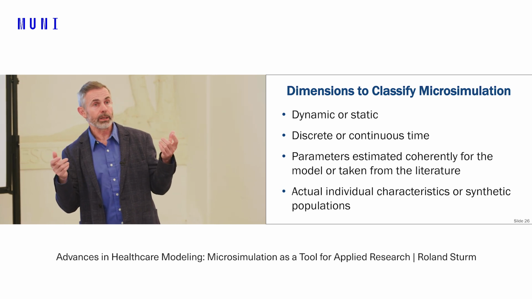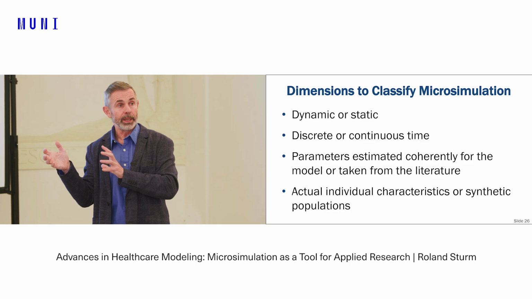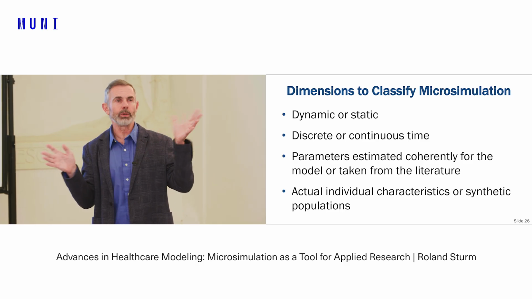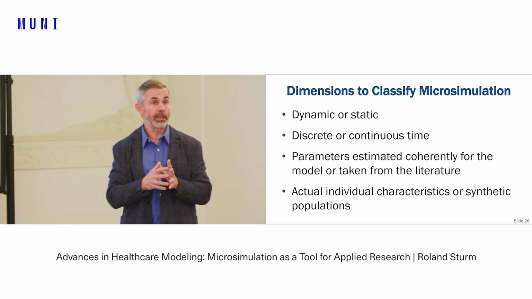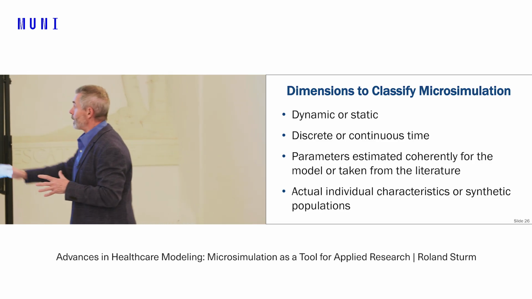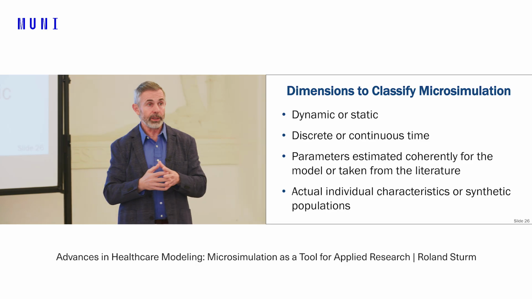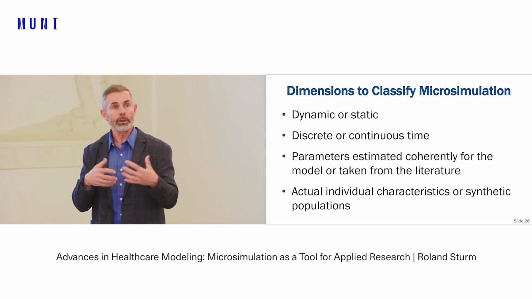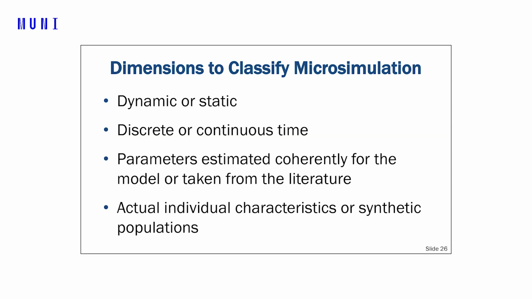In many microsim models, they take parameters from the literature and then try to somehow calibrate it. It's not an approach I like, but it's very common. And then, do we use actual individual characteristics, as you do using the SHARE data, or do you create completely artificial types? If you see a microsim model, think about these classifications.